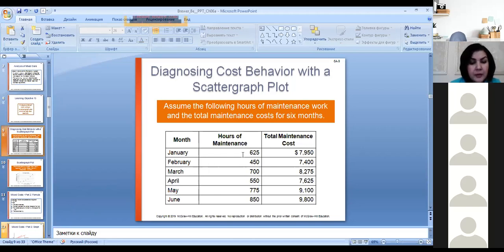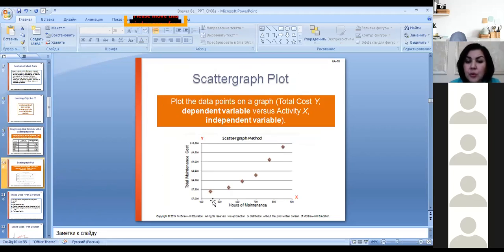Okay, hours of maintenance, and let's plot this data on the graph. We have hours of maintenance on the x-axis and total maintenance cost on the y-axis.